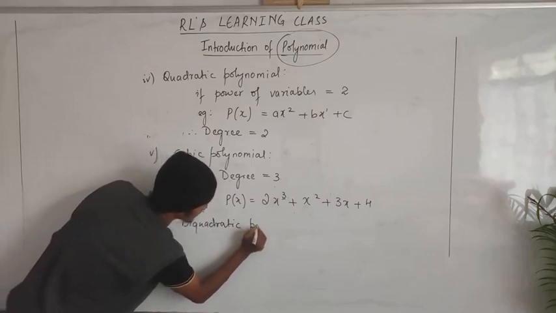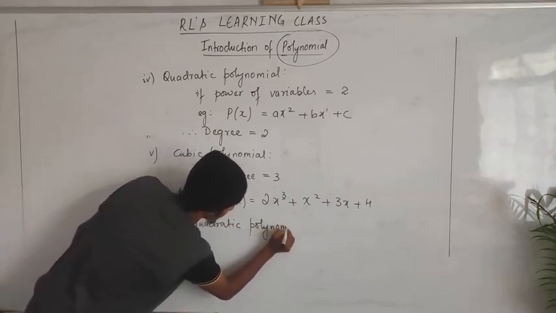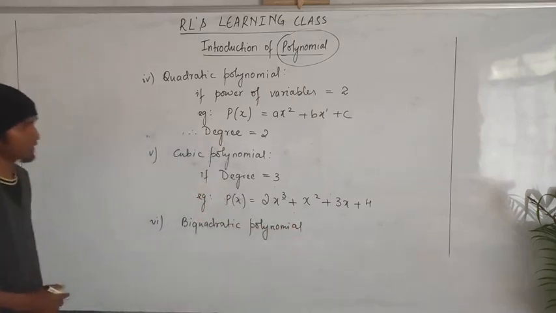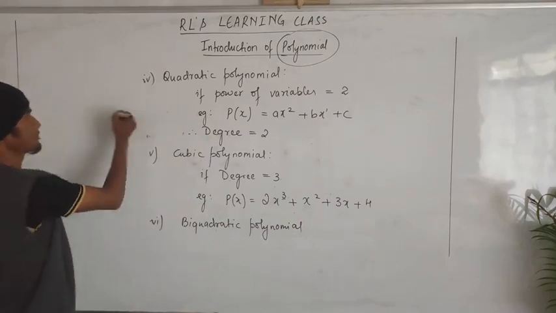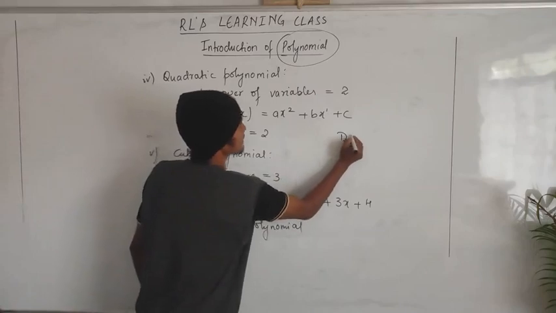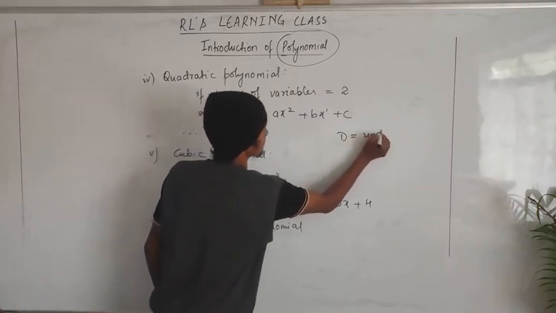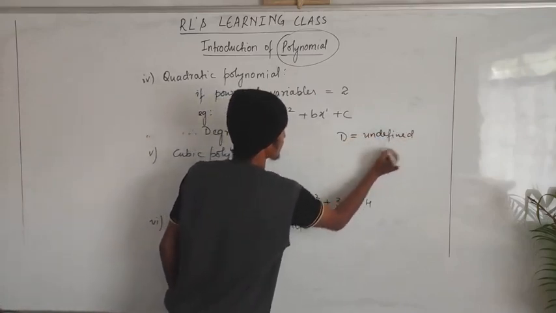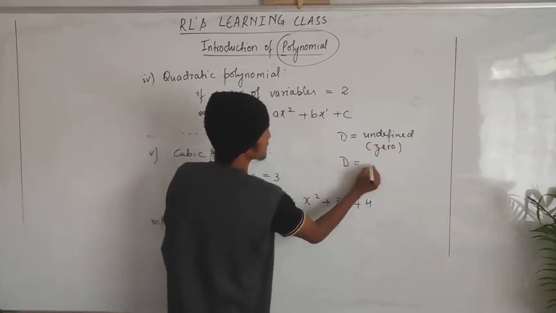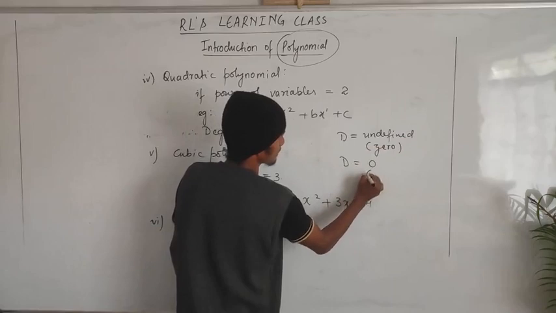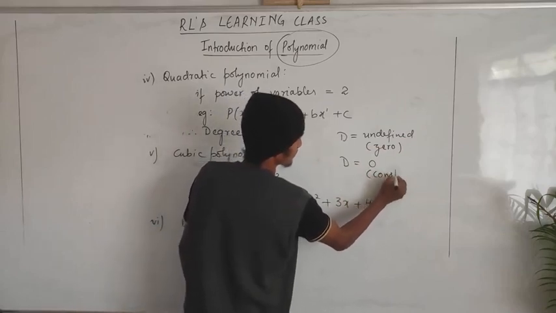Biquadratic polynomial. Now what about this one? You can guess. If degree is equal to undefined, then this is called zero polynomial. And if degree is equal to 0, then this is called constant polynomial.